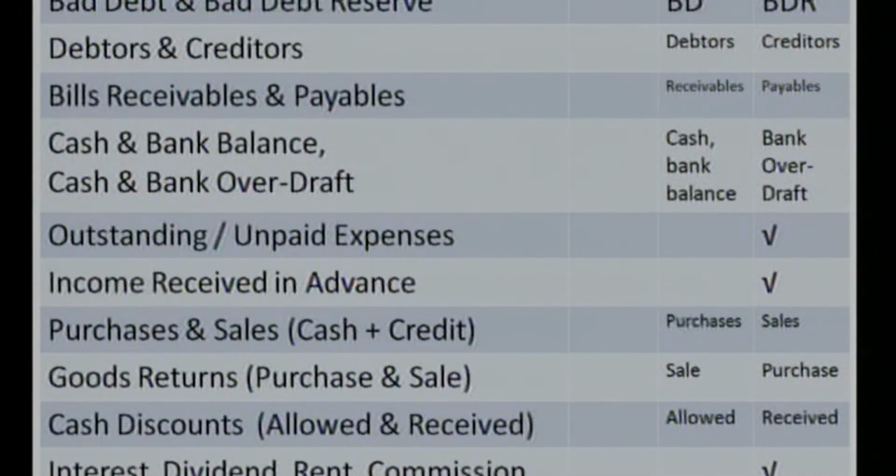So debtors bear the debit balance, vice versa. If we have purchased the goods on credit, then again we have to credit the creditors. So debtors bear the debit balance, at the same time creditors bear the credit balance. So is true for the bills receivables and bills payables. Bills receivables are the receivables or are the assets, so it bears the debit balance, and bills payables are the liability of the business, so it bears the credit balance.